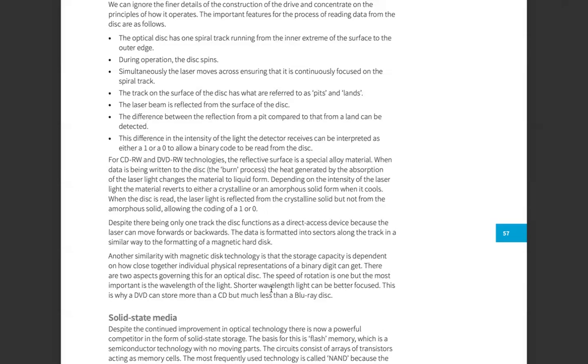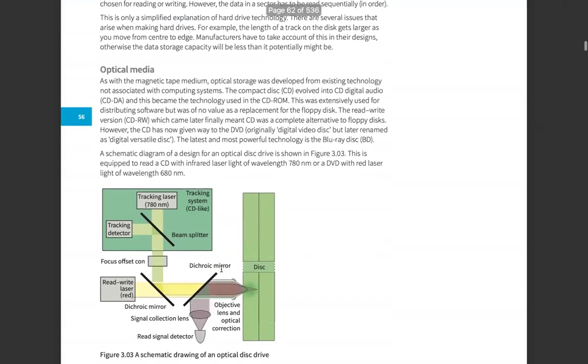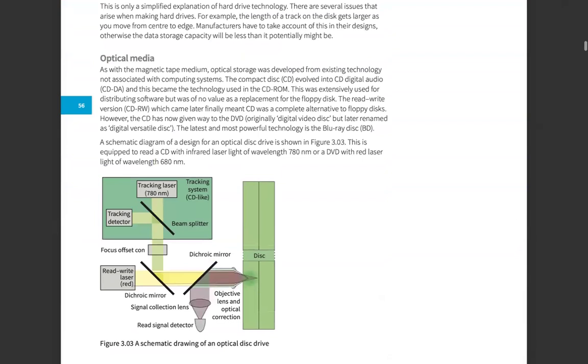This is why a DVD can store more than a CD, but much less than a Blu-ray disc. That's what they are saying about optical media or optical discs.